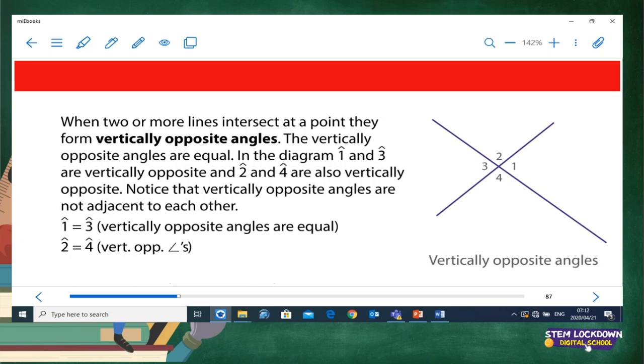So those are the pairs of what is known as vertically opposite angles, and vertically opposite angles are equal. Remember that this is work that you probably started in grade 8 already. And hopefully this is some revision for you when it comes to angles.